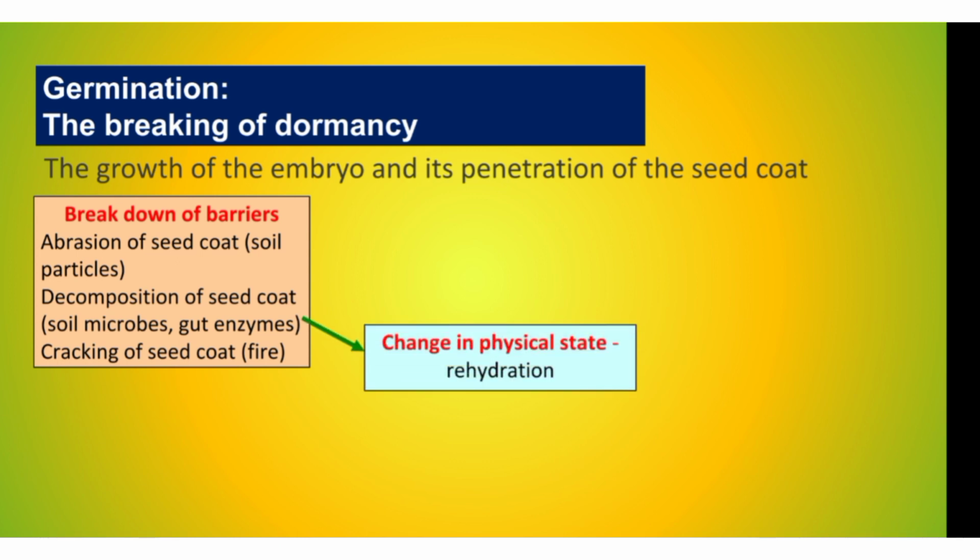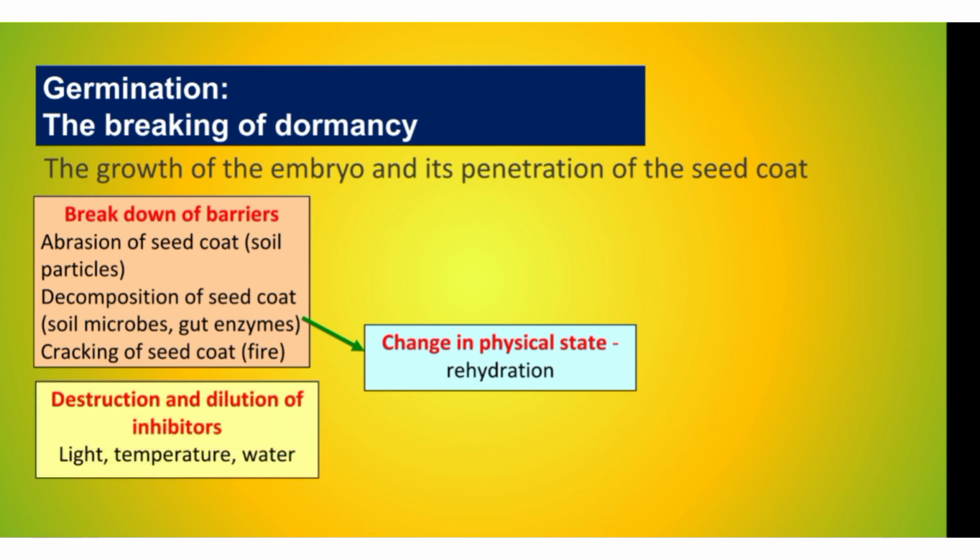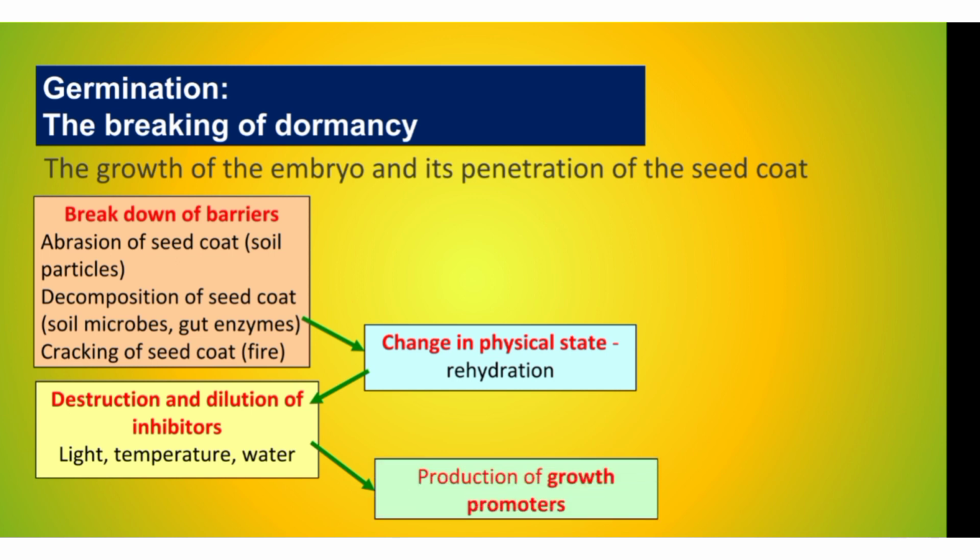Next will be the change in physical state, which is rehydration. Next is destruction and dilution of inhibitors, such as light, temperature, and water. And next will be the production of growth promoters.